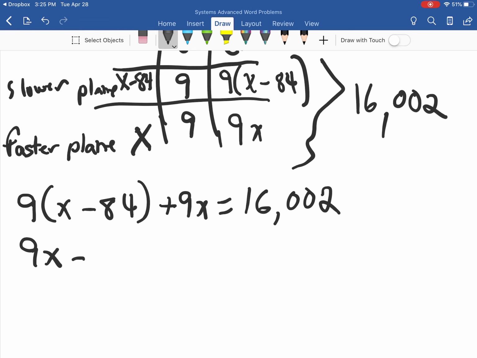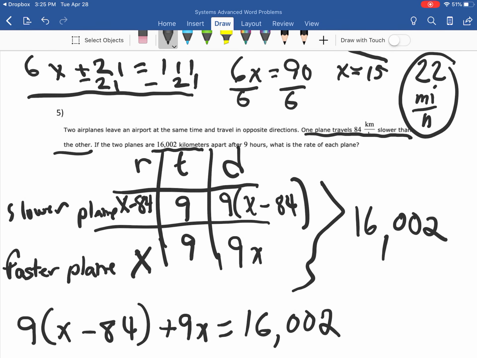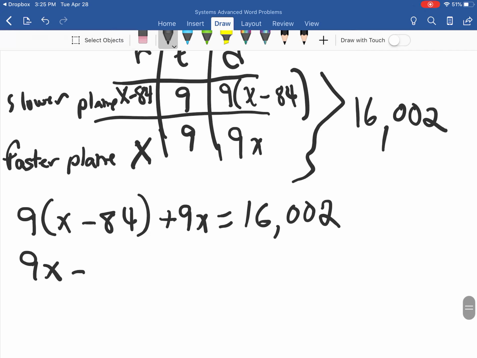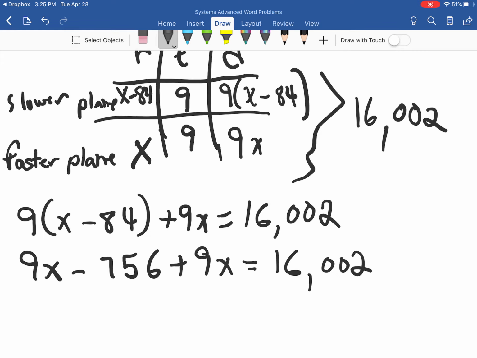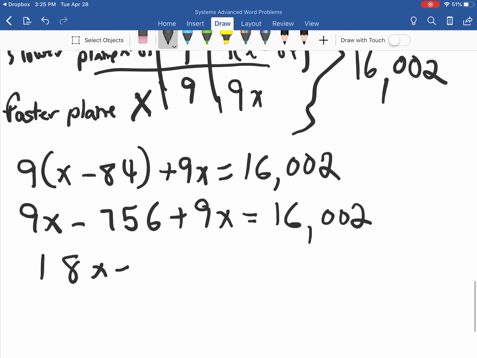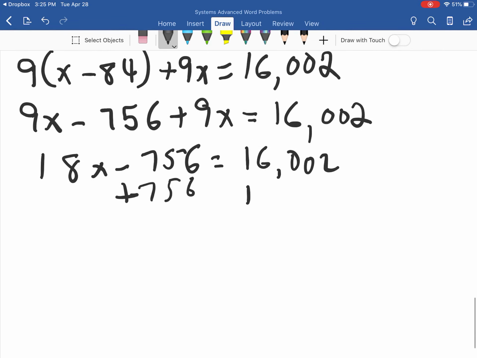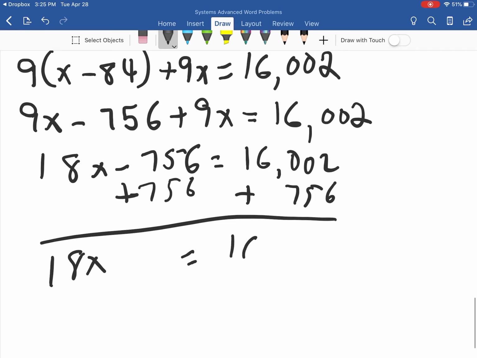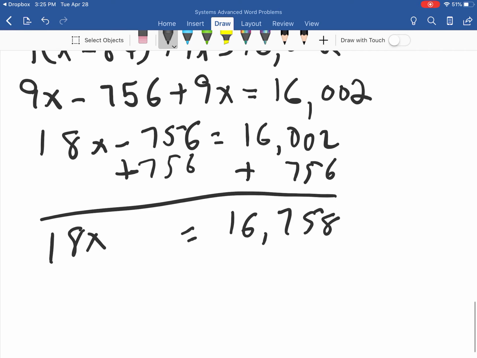So 9 times (x minus 84) plus 9x equals 16,002. 9x minus, what does that multiply to? 9 times 84 is 756, plus 9x equals 16,002. 18x minus 756 equals 16,002, plus 756, plus 756. 18x equals 16,758.